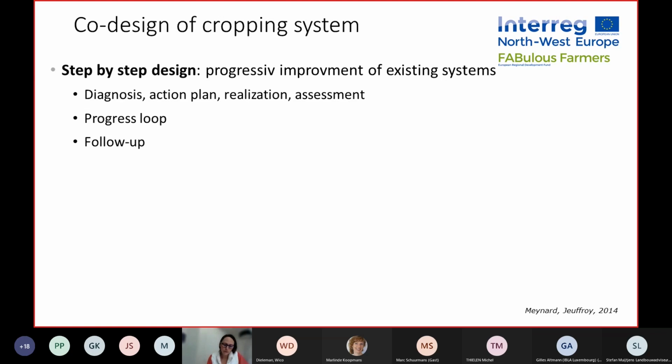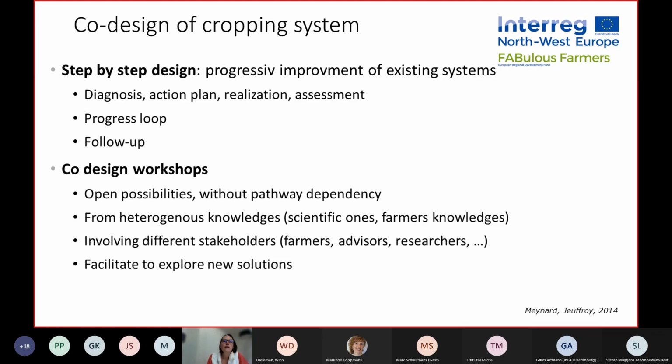But you can also introduce a second method for designing cropping systems, which is a co-design workshop.